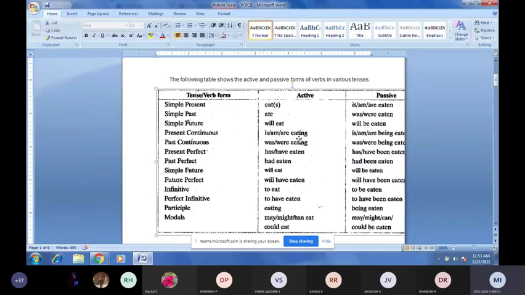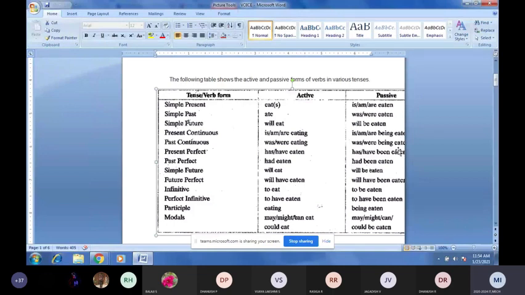If the given active sentence is in present continuous, look for that same kind of tense, but being is used. What is the purpose of adding being? It indicates continuity. Again eaten, eaten is common.